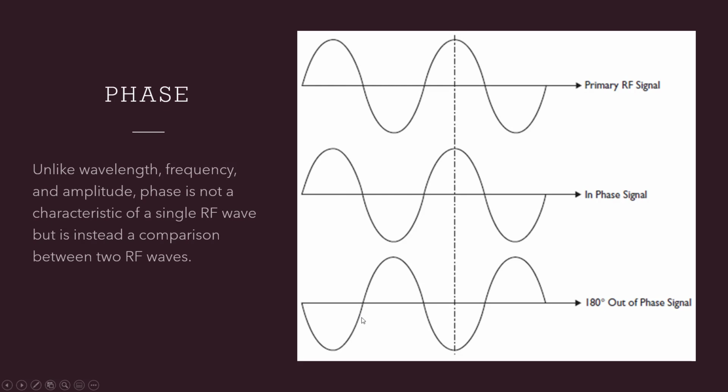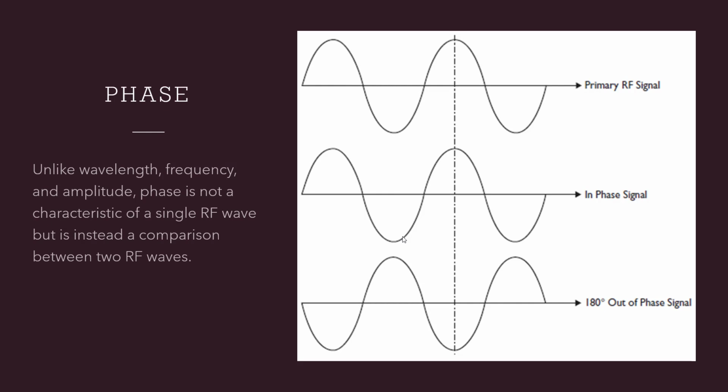If you look at this one, they are actually out of phase, 180 degrees out of phase. Whenever one is at the maximum, the other goes to the minimum. If you add these two waves, they cancel each other and you get nothing.